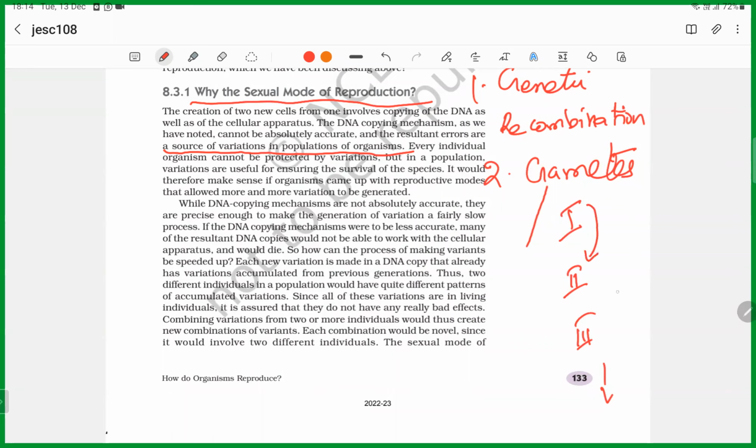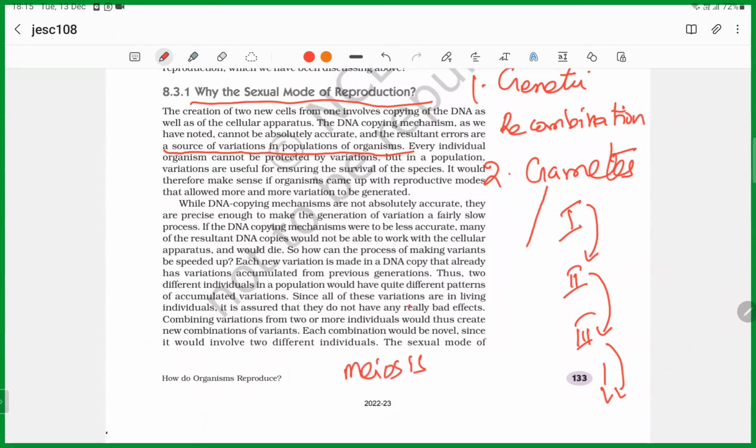Here the information is transferred, here the information is transferred, and it goes on. How is this genetic-level integrity maintained in sexually reproducing organisms? You can connect this with the process of meiosis.